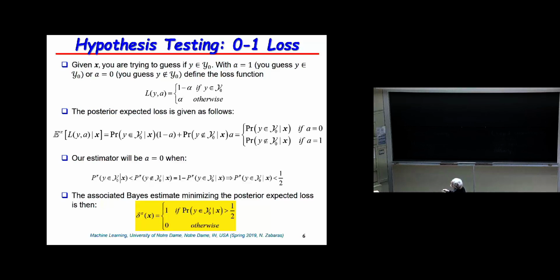When you do the calculations, you get the obvious result: you guess that Y is in that class if the posterior probability is less than 50%. What we usually apply in practice using common sense actually comes from the postulation of a loss function that we minimize under some posterior distribution. There is a lot of mathematics behind why this leads to the obvious answer.